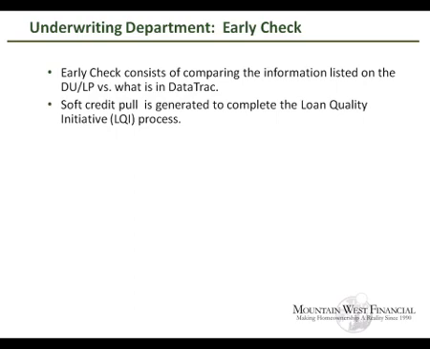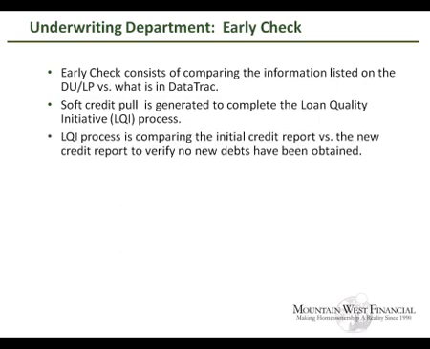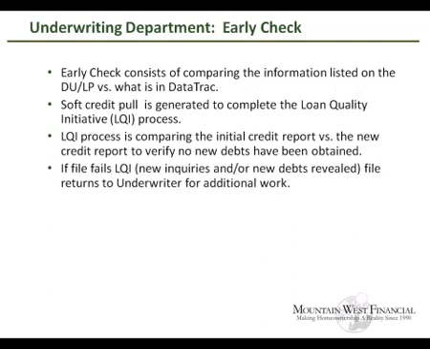A soft credit pull is generated to complete the loan quality initiative, which we call the LQI process. LQI process is comparing the initial credit report versus the new credit report to verify no new debts have been obtained. If file fails LQI, file returns to the underwriter for additional work.